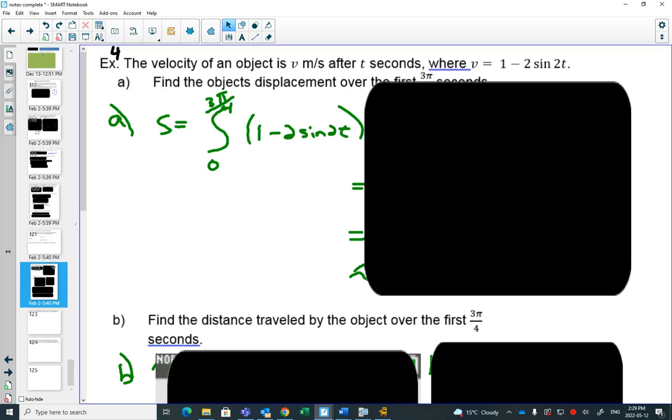So I'd like you to write out the integral yourselves. And there should be, we can't see it, there'd be a little dt there, right?